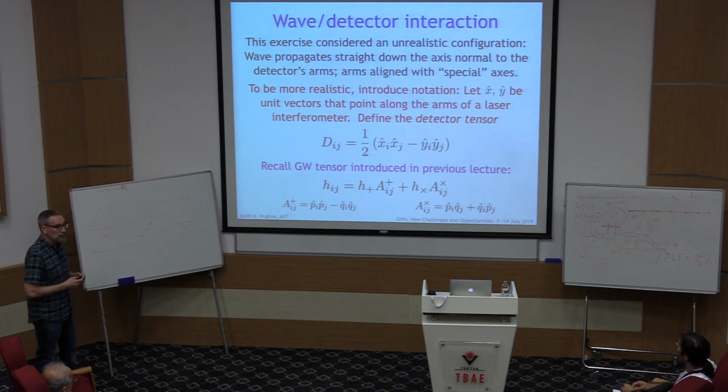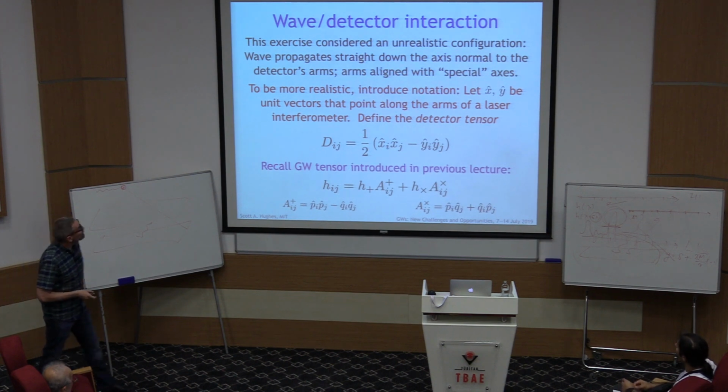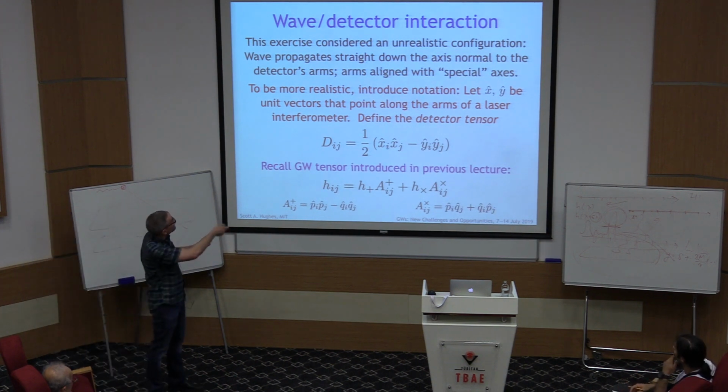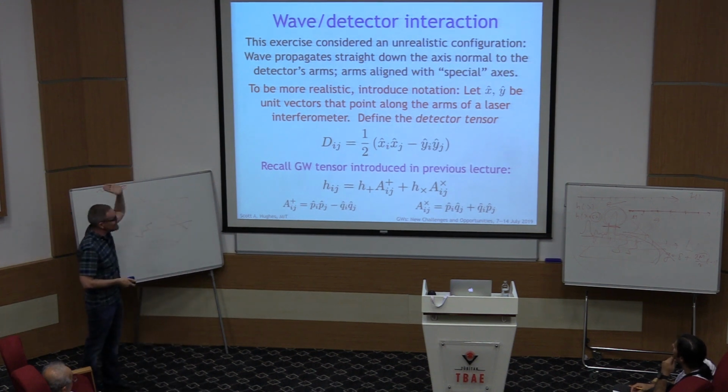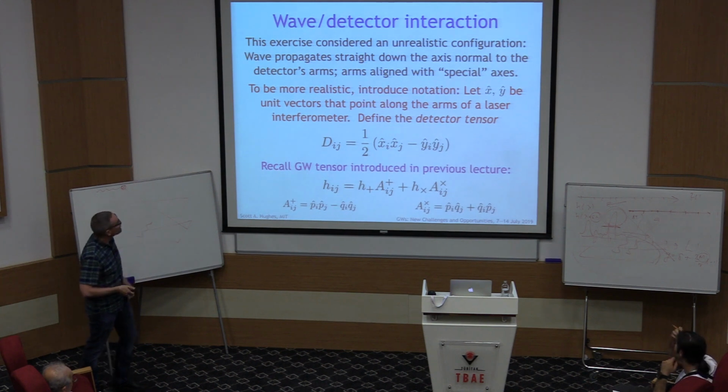And now I'm going to repeat a few of the things, so I'll go through this fairly quickly, but this is stuff that Badri reviewed in his lecture this morning. The key bit, which is important here, is that we considered an extremely unrealistic configuration: a source that's exactly above our detector with everything perfectly aligned.